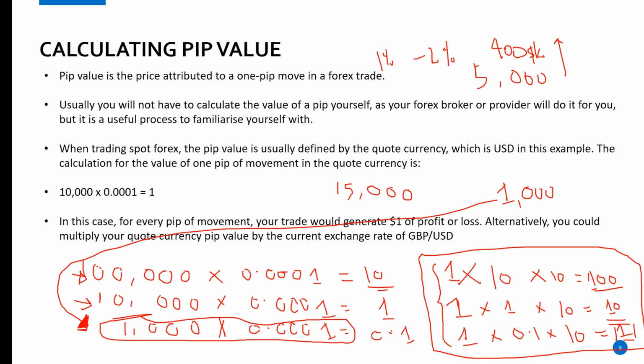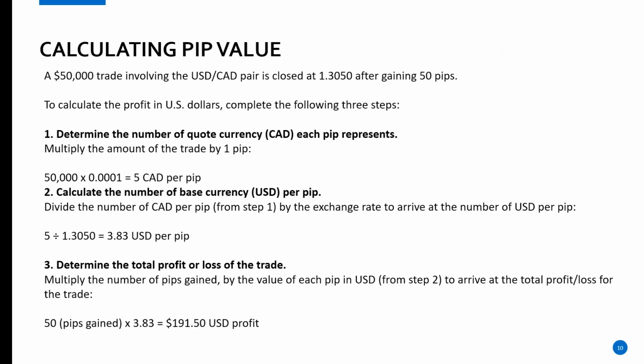For today, I just want to give you an introduction, and that's how you do pip value for USD quoted pairs. Now, assuming you have a currency that is not quoted in USD, how do you calculate pip value? How will you know how much you are gaining for every pip movement in this particular currency? I have an example here. I got this from BabyPips.